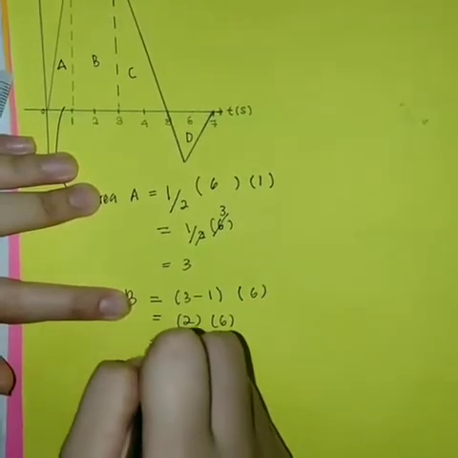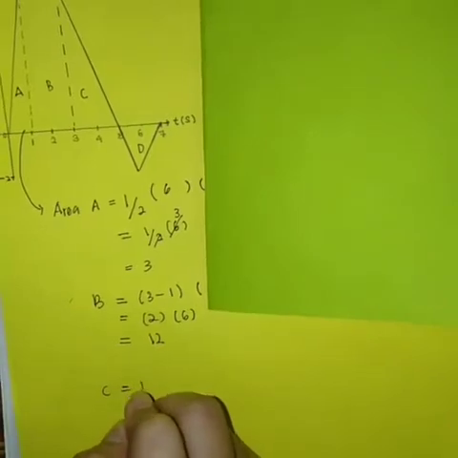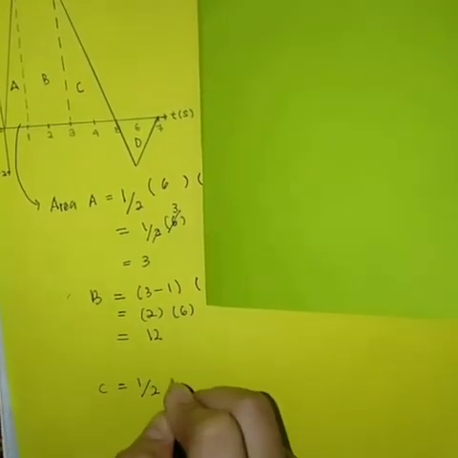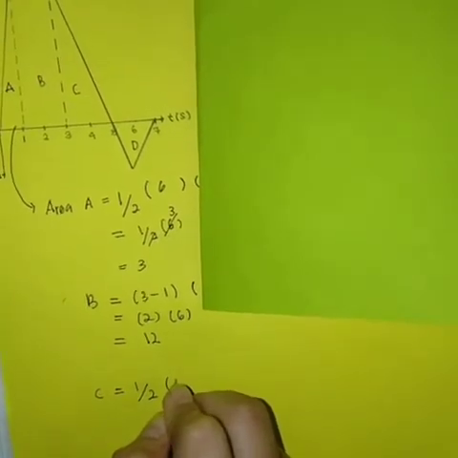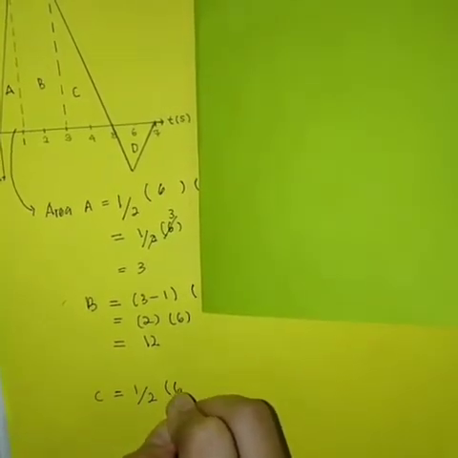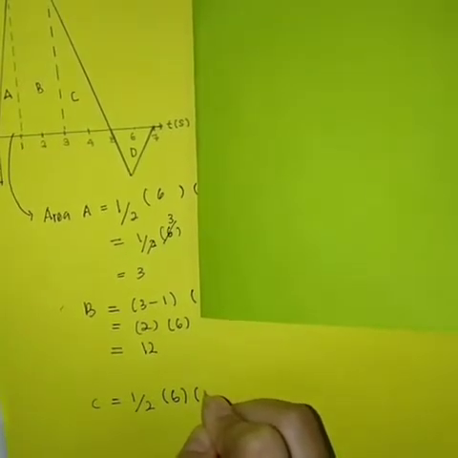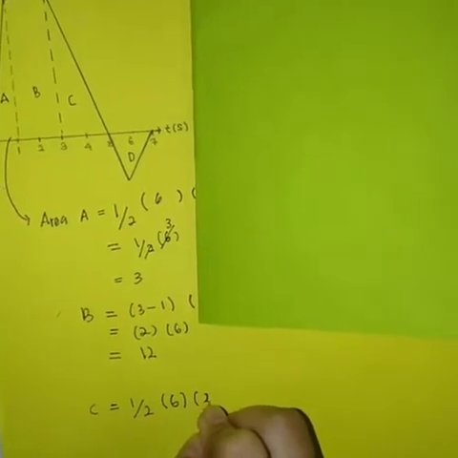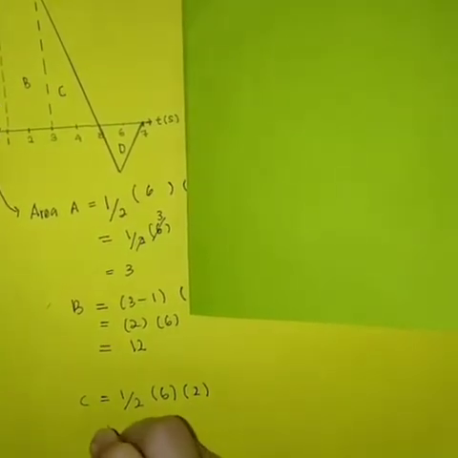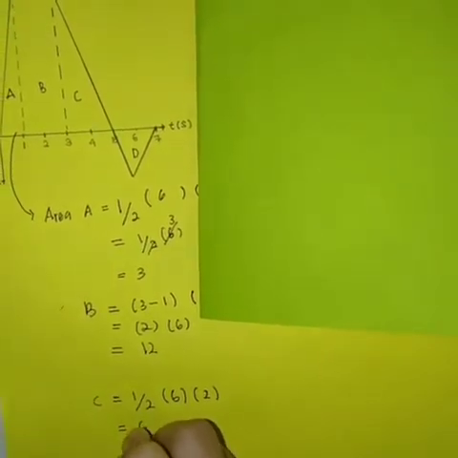So we get, okay, for the C, we need to use 1 over 2 times 6 times 2, and we get 6.